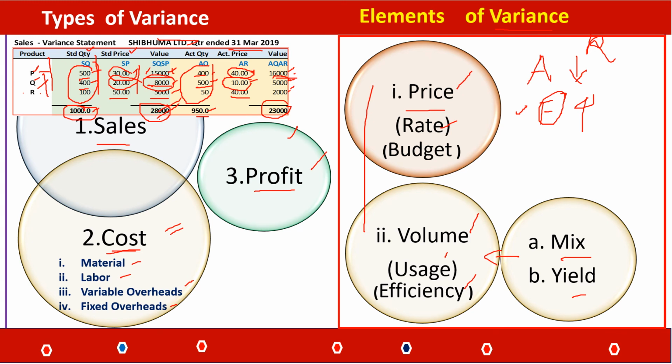Take the case of total. We were supposed to make 28,000 of sales, but we made sales of only 23,000. Means it is adverse because our sales revenue has come down. Take the case of cost. In case of cost, the interpretation is reverse. When you reduce your cost, it is favorable.